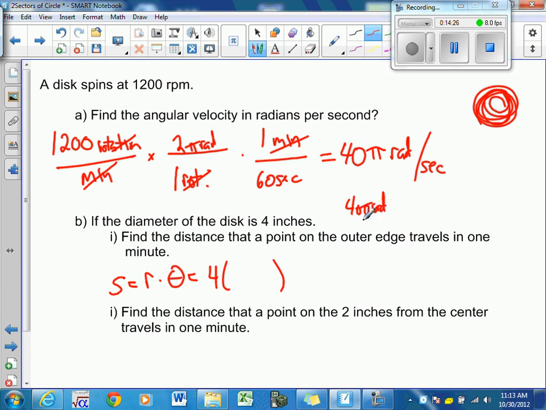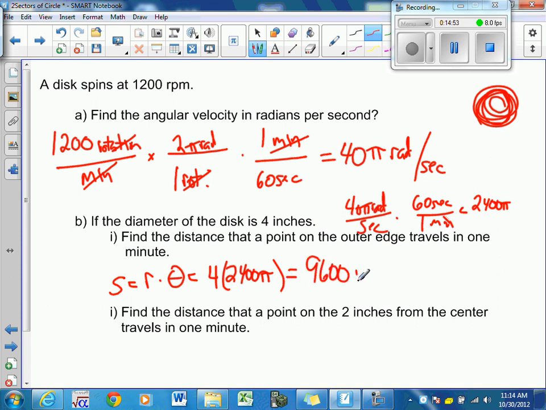That gives me 2,400 pi radians per minute. So that's my angle. So I get 9,600 pi inches. That is how far I go per minute.